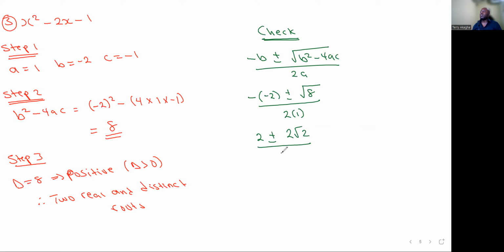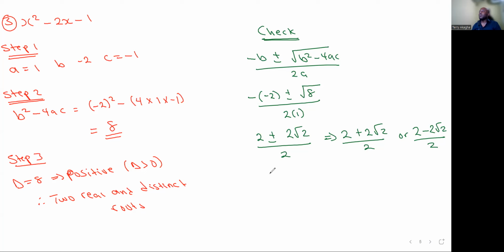So that means square root of 8 is the same thing as saying 2 root 2, divided by what? 2. So that means we're going to have 2 plus 2 root 2 over 2, or 2 minus 2 root 2 over 2. We can simplify this. So we can take a common factor here.